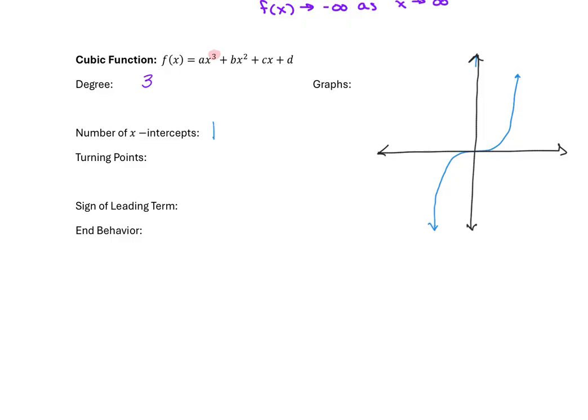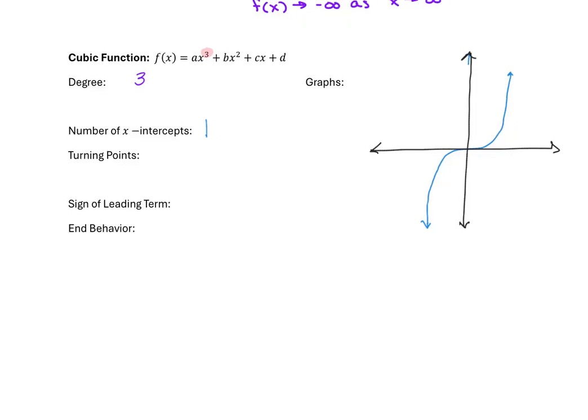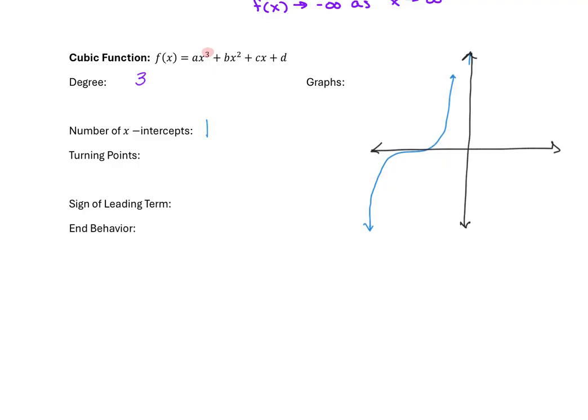Now I can take this same shape and I can move it wherever I want. So for instance, if I move it left or if I move it right, no matter what, I still have that 1 x-intercept. But we can also move this up and down. And if we move this up and down, notice that we still have 1 x-intercept.